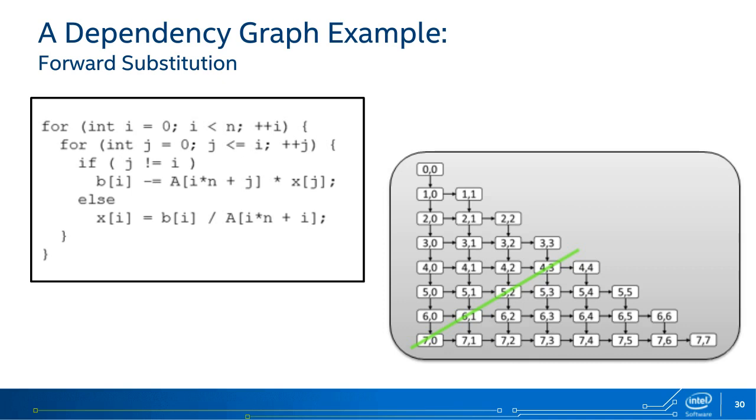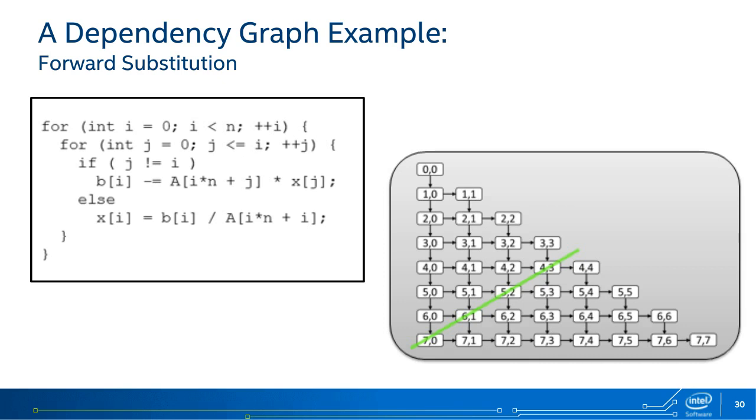It doesn't look like there's much parallelism available. But if you carefully look, there is a wavefront that can be executed through this algorithm, and this green line shows an example of several nodes here that could be executed in parallel because they do not depend upon each other. So this is an example where using a TBB flow graph, you could express all of the dependencies between these computations and just let the TBB library sort out when it is safe to execute each part of the computation.